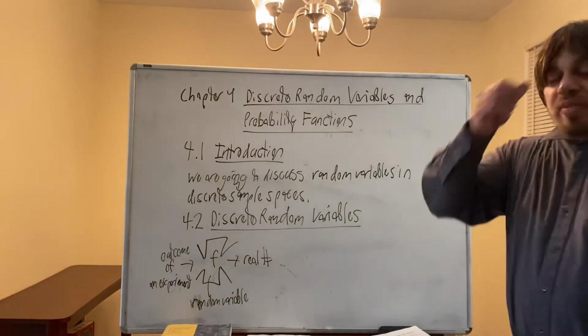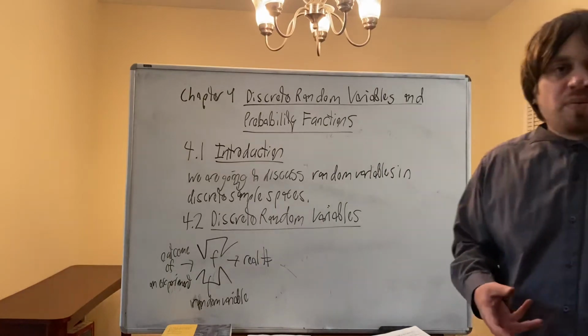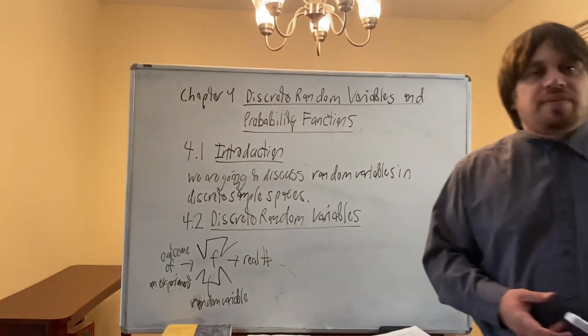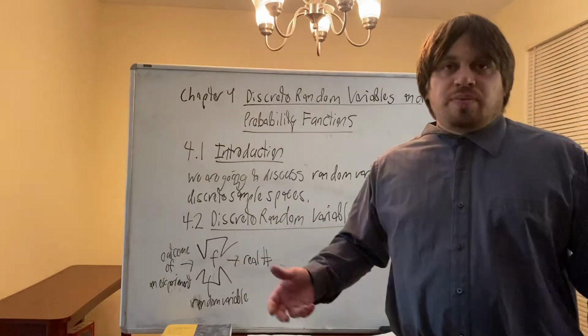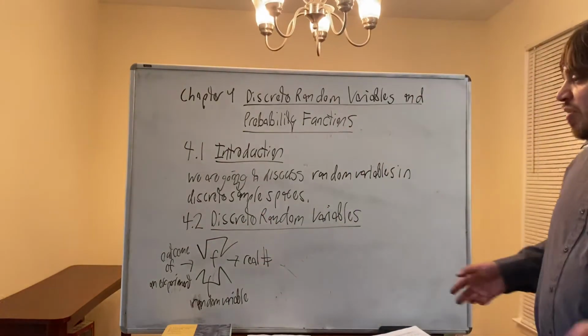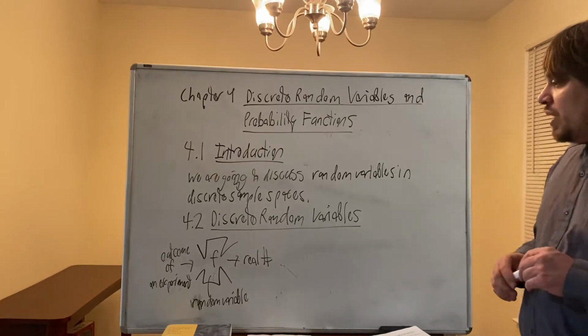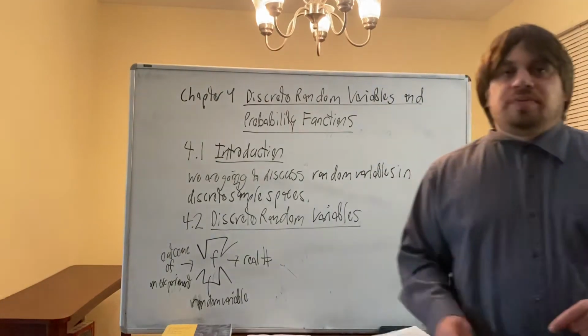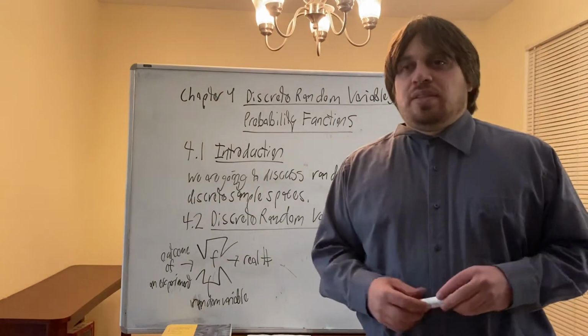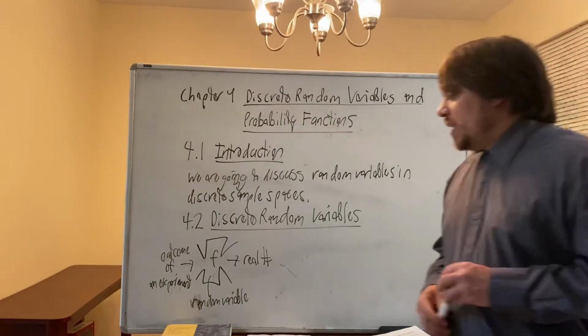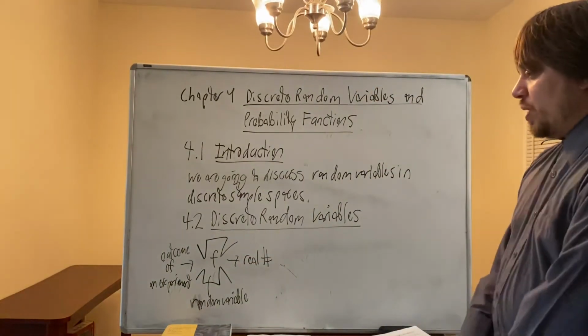You think of a variable usually as like x or y in an equation, like x plus 2y equals 5, 2x plus 1 is 3, an unknown or something like that, right? A random variable here is a function, so it's not like x or y the way you normally think of it.